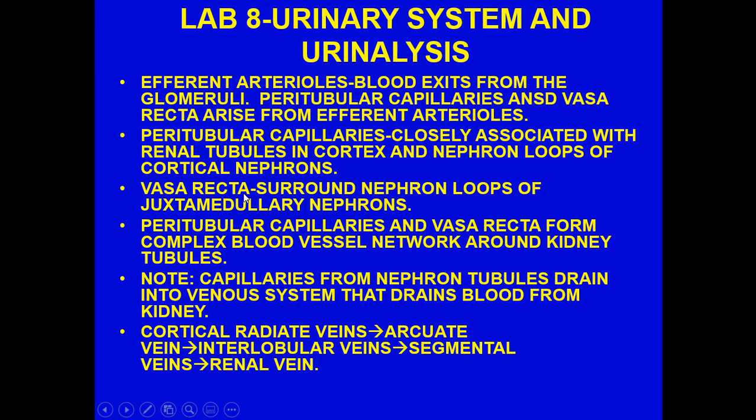Now, capillaries from the nephron tubules drain into the venous system that drains blood from the kidney. So from basically the capillaries, we go to the cortical radiate veins, the arcuate vein, the interlobular veins, the segmental veins, and the renal vein.